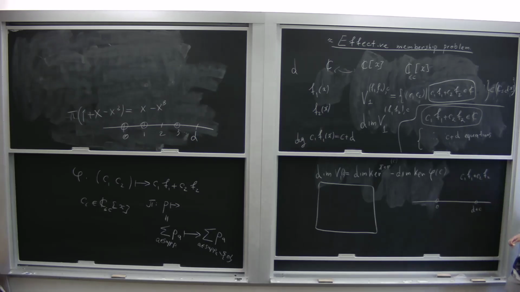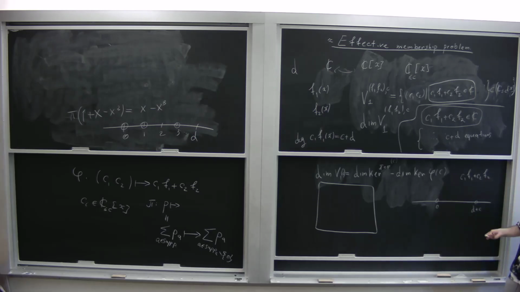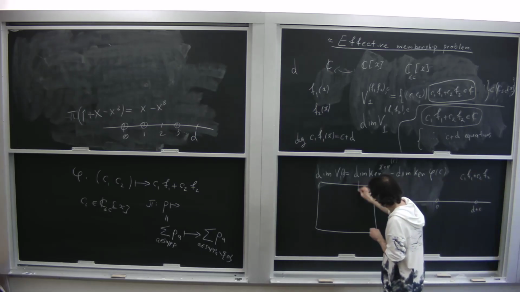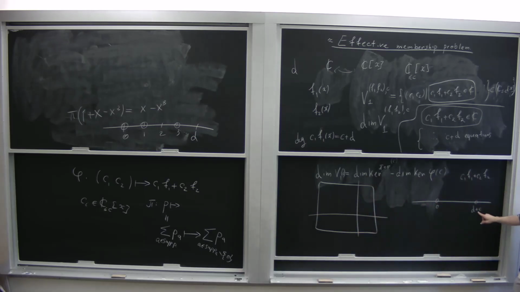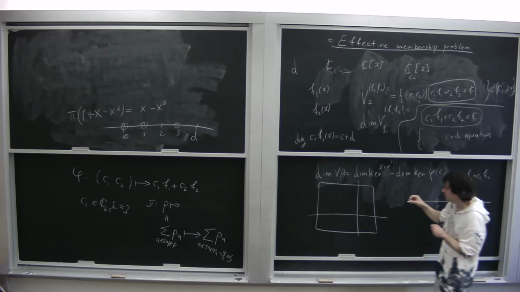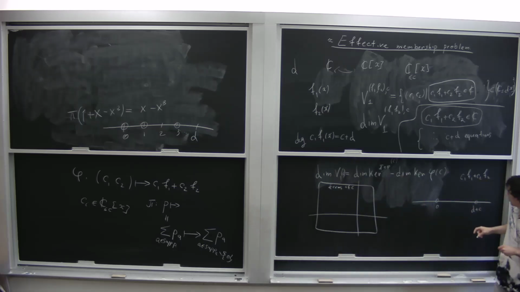So we can encode the system of these linear equations by a matrix whose columns correspond to the terms of each C, and its rows are corresponding to conditions imposed on them.